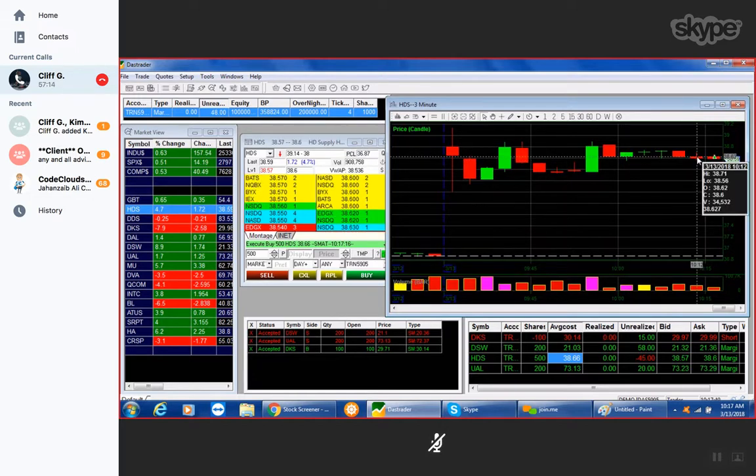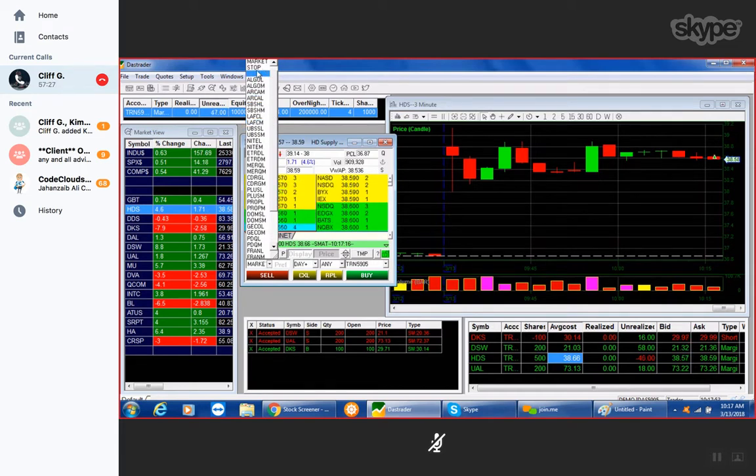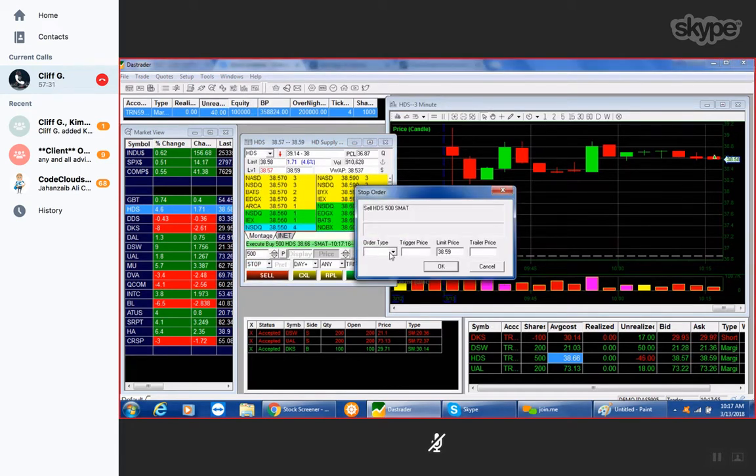So again, here's the tricky part. I'm probably going to go 38.49. I'm going to go 38.46. I'm going to put it on stop, sell, market.